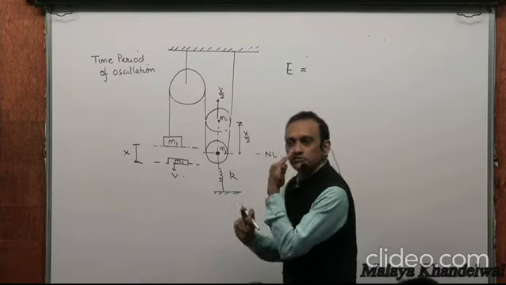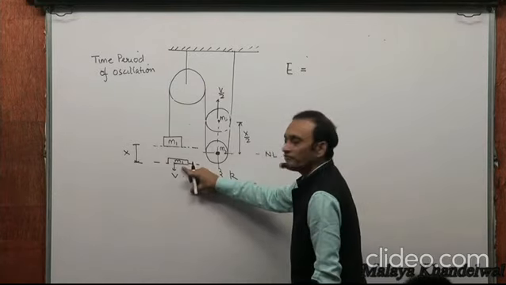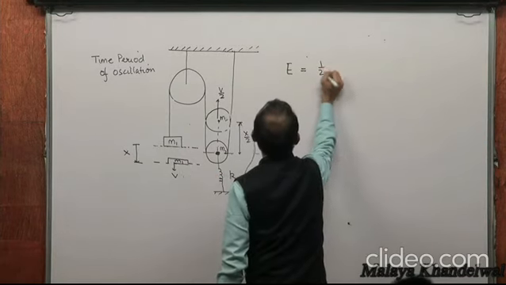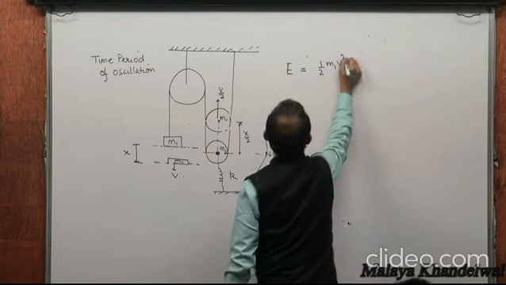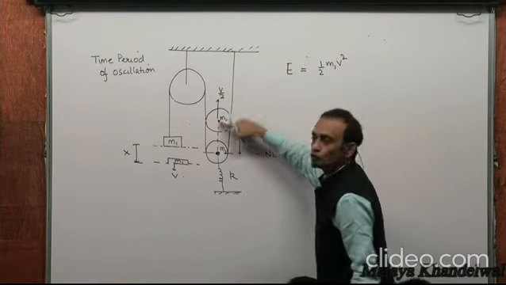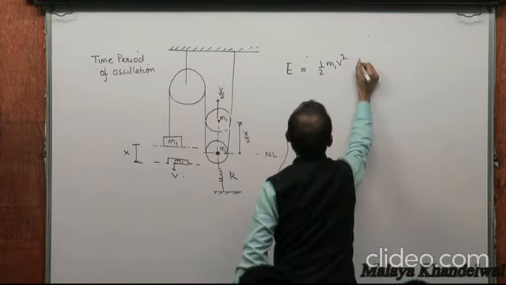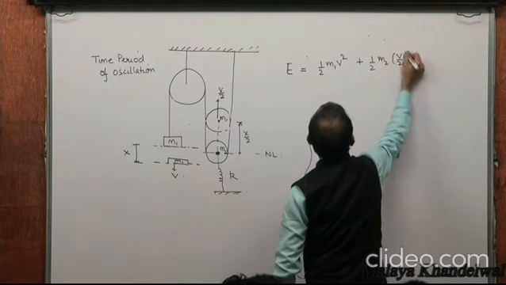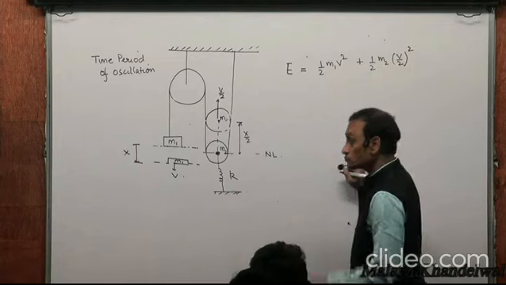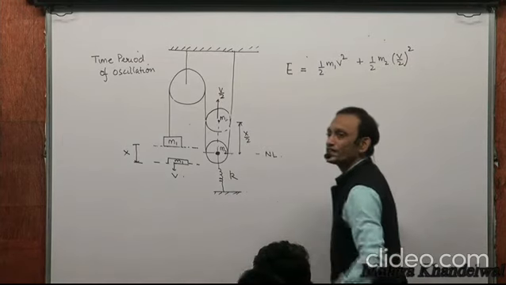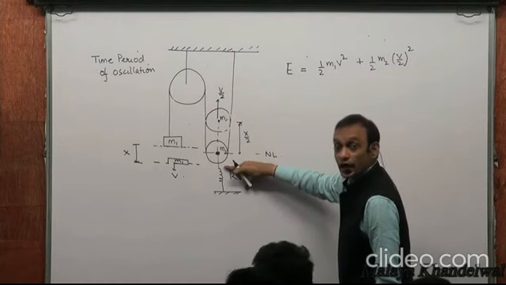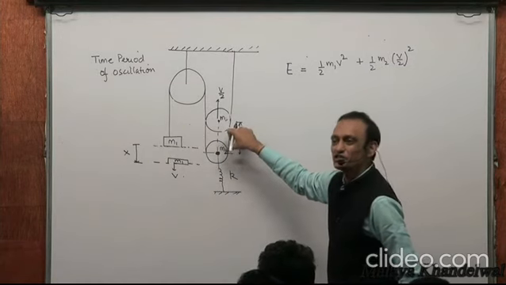So kinetic energy first: half m1 v squared, plus half m2 v by 2 whole squared. That's the kinetic energy of the system. Now there are two kinds of potential energy here: elastic potential energy of the spring and gravitational potential energy of the two masses.